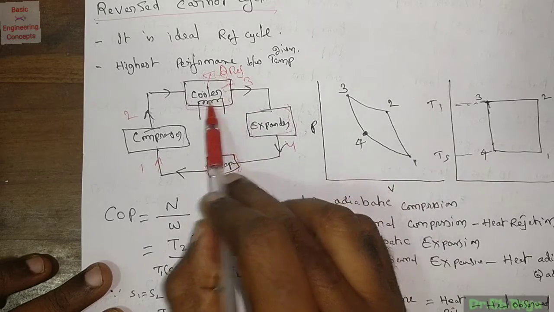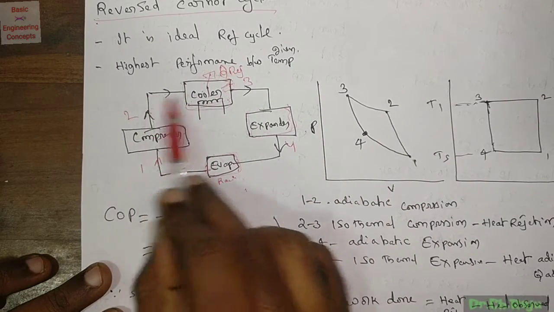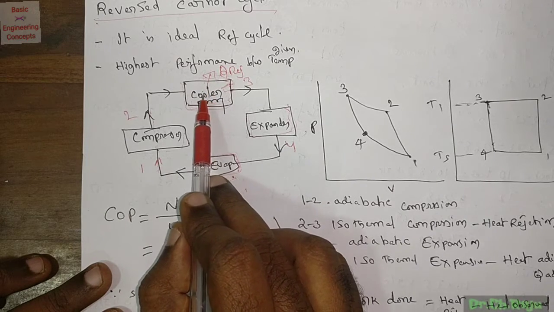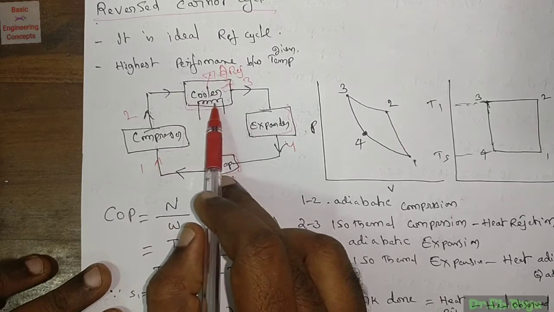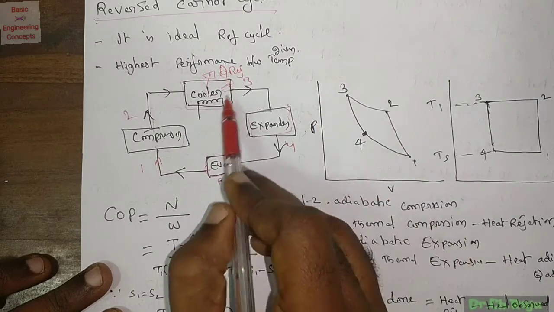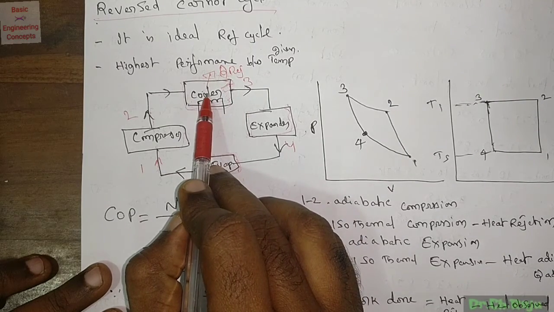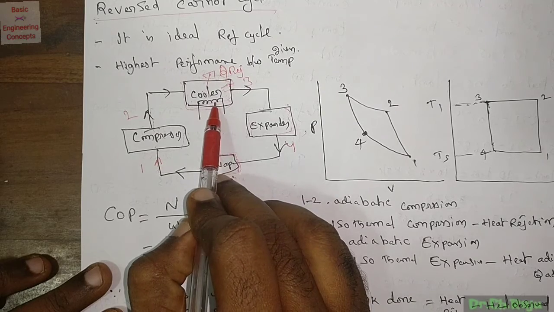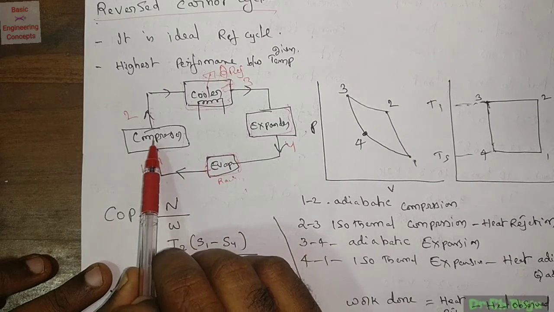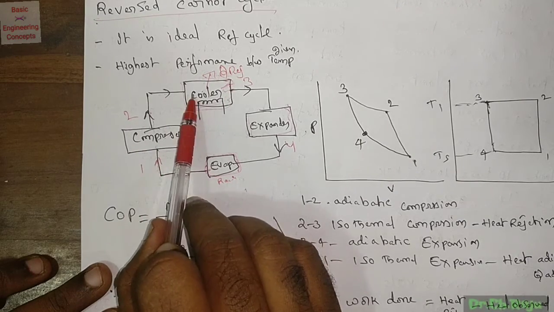Here in the compressor the temperature is raised and pressure is raised. In the cooler, the pressure is increased once again, but the temperature is maintained constant. So pressure is increased in the compressor and the cooler also, but the temperature is maintained constant in the cooler.